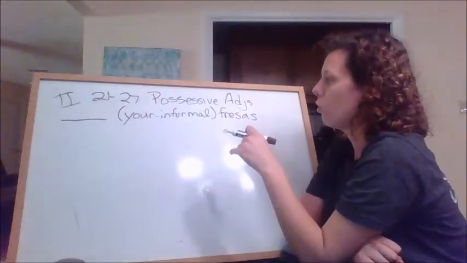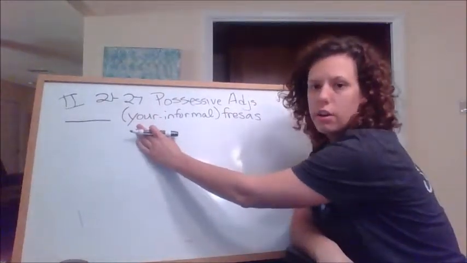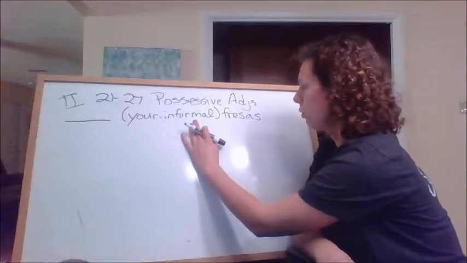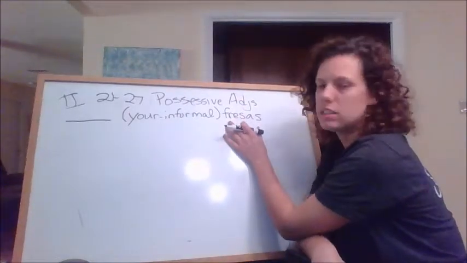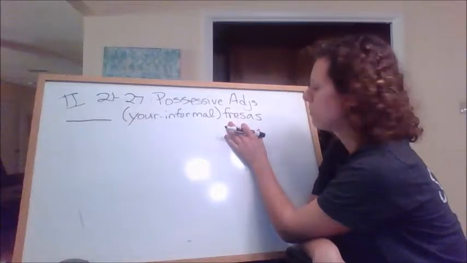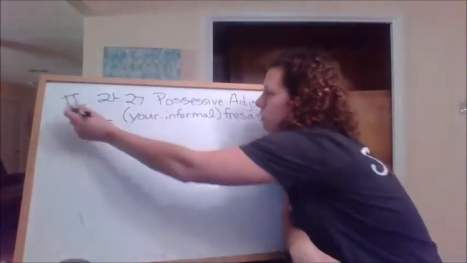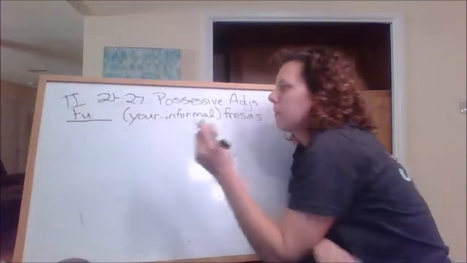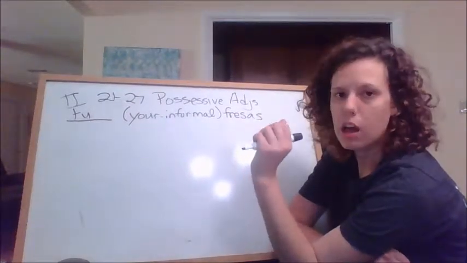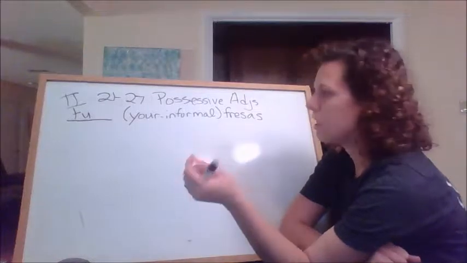Okay. So you want to say your. You want to use the informal your, and it needs to match fresas in gender and number because it's an adjective. So to say your informal, we say tu. If you put an accent mark, I'll take points off, okay?